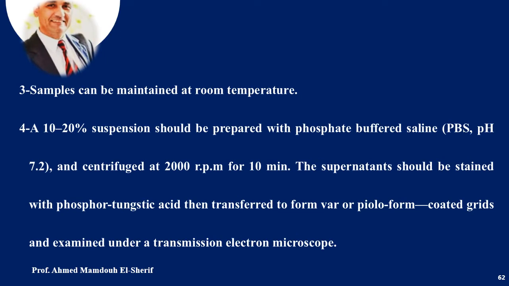A 10 to 20% suspension should be prepared with phosphate buffered saline (PBS) with pH 7.2 and centrifuged at 2000 revolutions per minute for 10 minutes. The supernatant should be stained with phosphotungstic acid and then transferred to formvar or pioloform coated grids and examined under a transmission electron microscope.